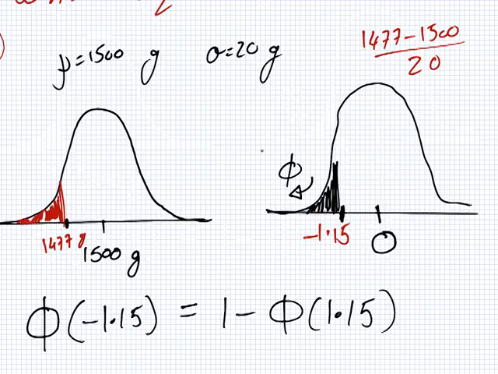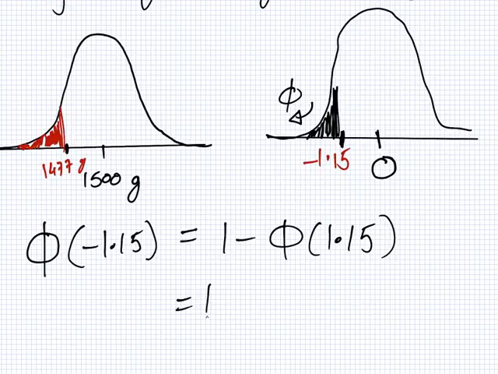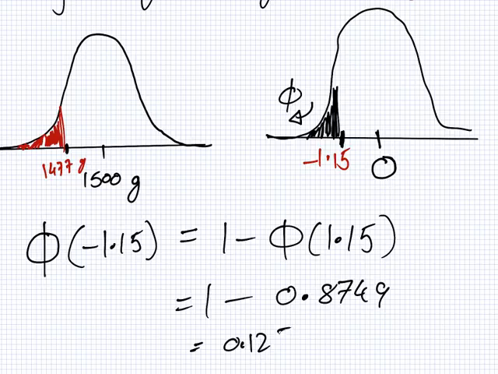So, can you look that up? The value for 1.15 will be 0.8749. So the answer is 0.1251, which is 12.51%.